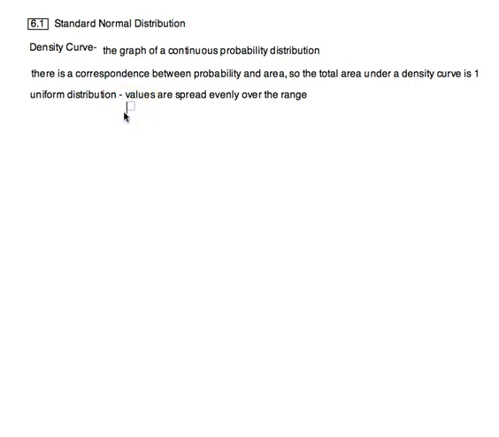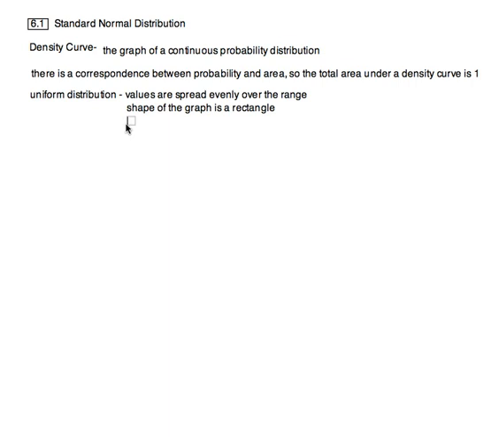Because of that, when we are looking at a uniform distribution, the shape of the graph is a rectangle. As you're going to see when we look at some examples, because the probability is consistent, it's going to have the same y value every single time.